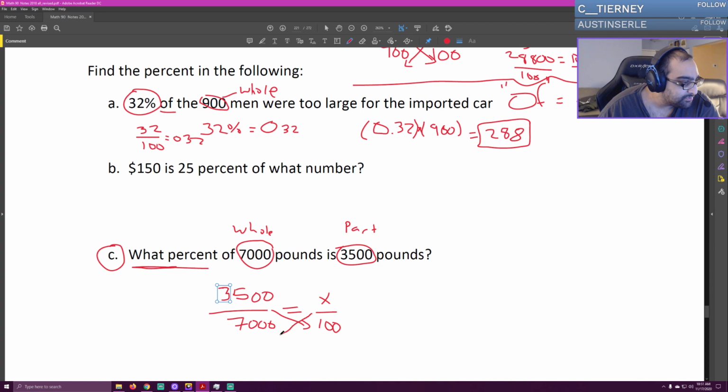You can cross multiply here. So we get 7,000x equals 3,500 times 100. So we get 7,000x equals 350,000.